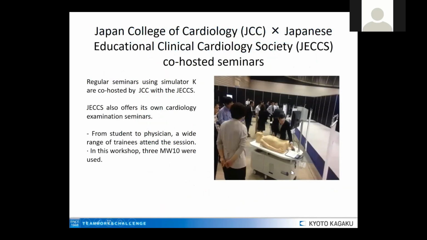So because of all these reasons, this model was developed with the orientation of the Japanese College of Cardiology, and because of that, it's being used in many of their seminars in which we usually participate here in Japan.